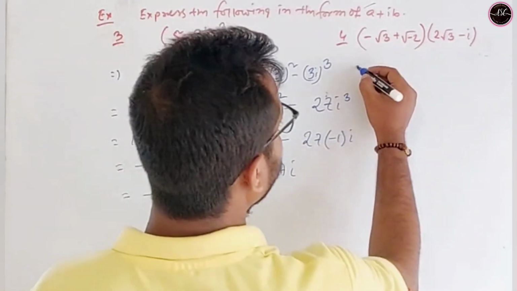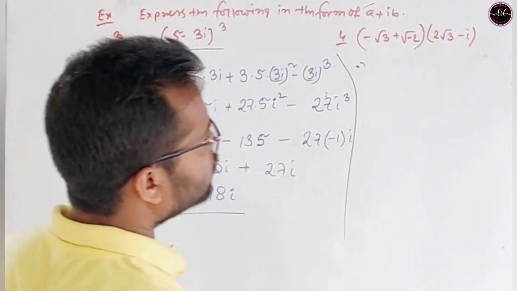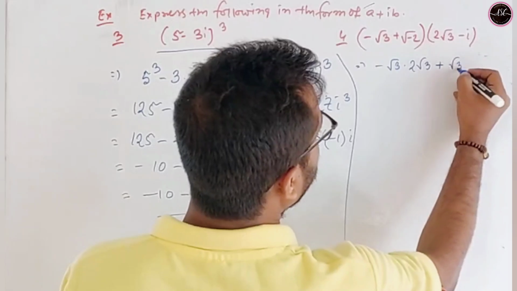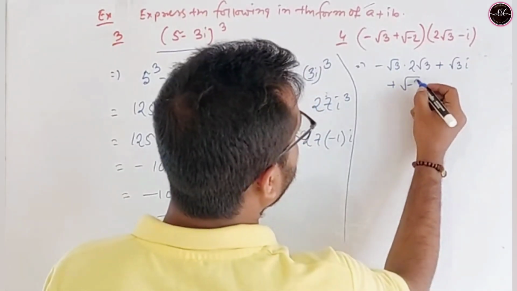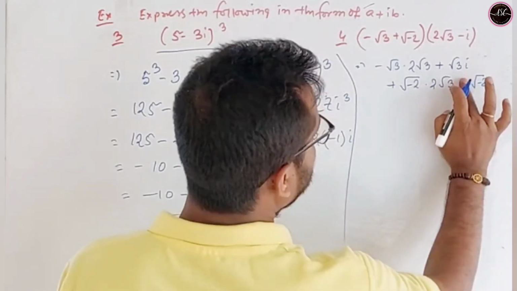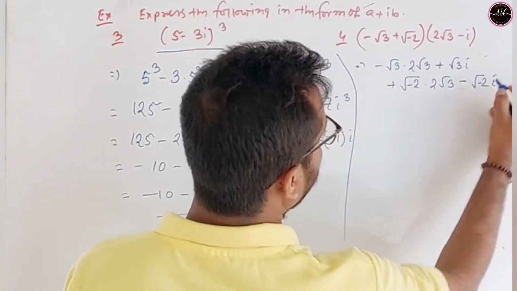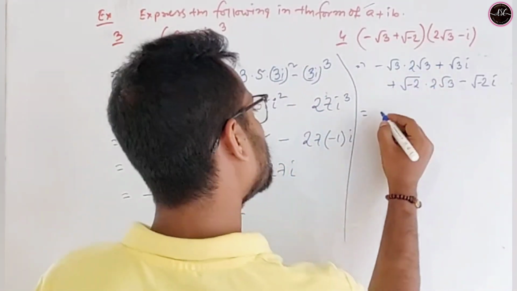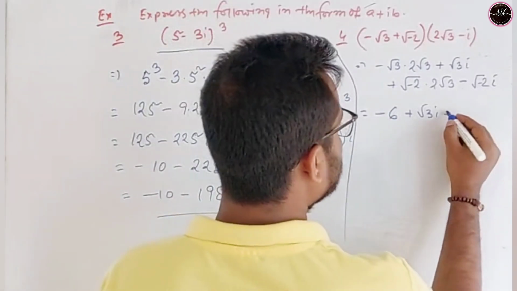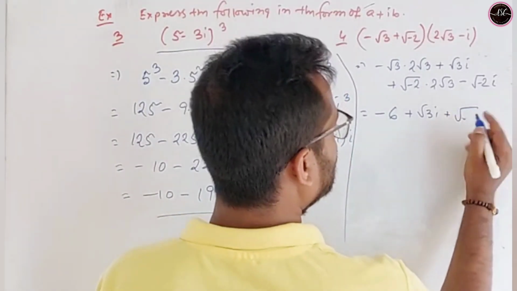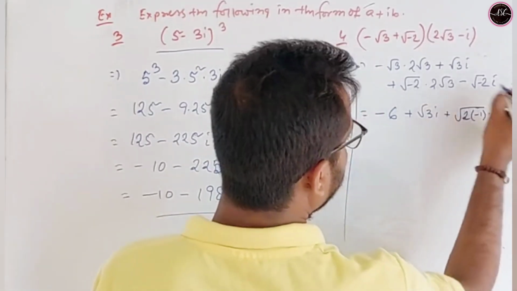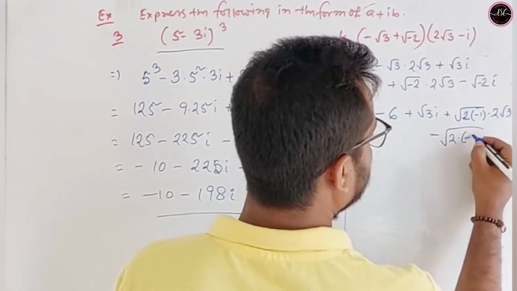And for this, just multiply these two. We get minus of root 3 dot 2 root 3 plus root 3 of i, and here plus minus of root 2 dot 2 root 3 and plus minus of root 2. This plus will be minus, as here is minus of 2i. So here we get root 3 dot 2 equal to 6 minus of 6 plus root 3i. Then this can be written as minus 2 dot minus of 1 dot 2 root 3, and this can be written as 2 dot minus of 1 dot i.